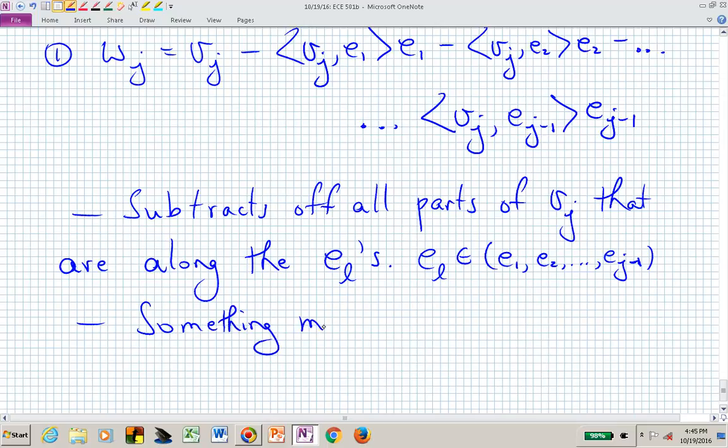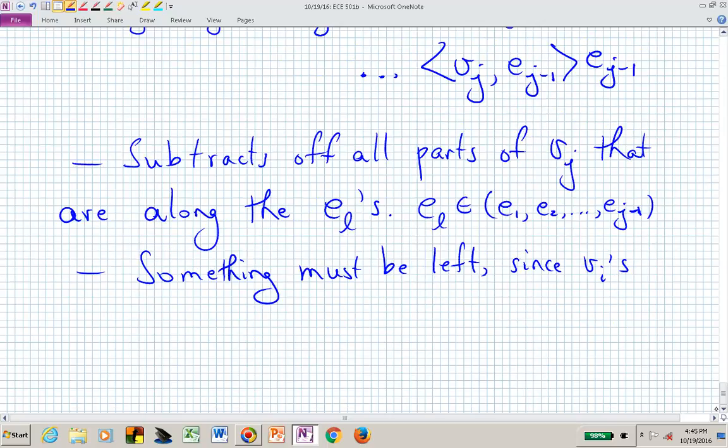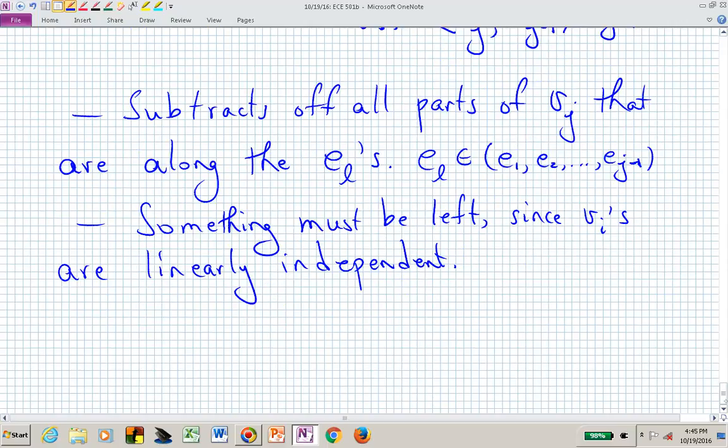Something must be left after all of these subtractions, since the V sub i's are linearly independent. And what's left, the remainder, is actually perpendicular to all of the preceding E's.